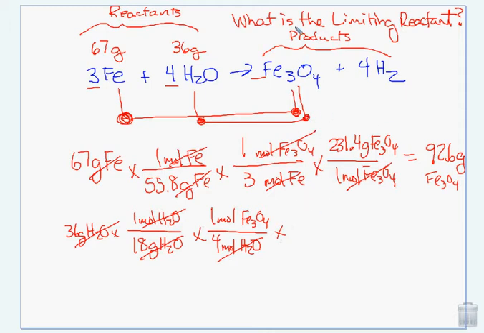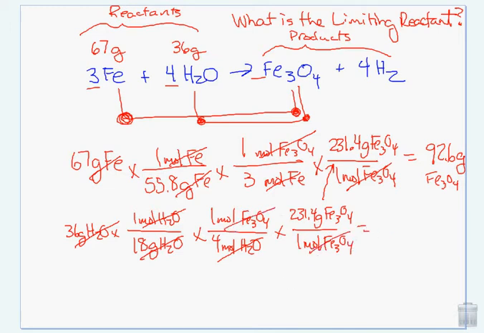Now I can go back up to grams. I'm going to go grams of Fe3O4, which I found in the last one, 231.4 grams per 1 mole of Fe3O4. That cancels out.